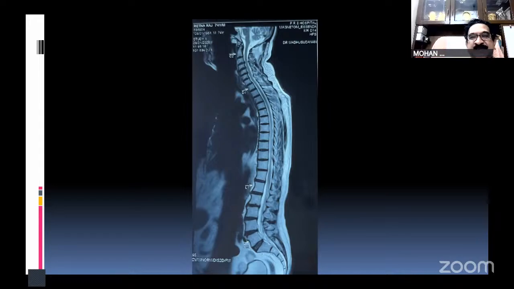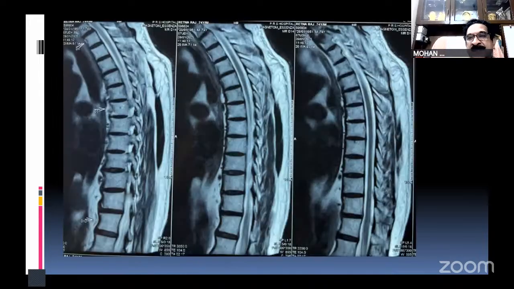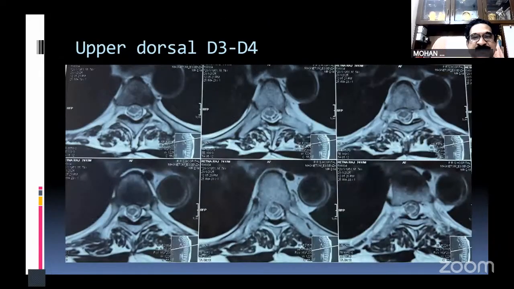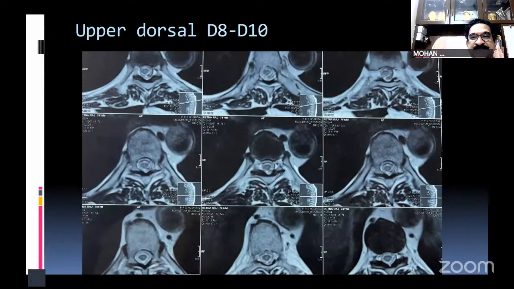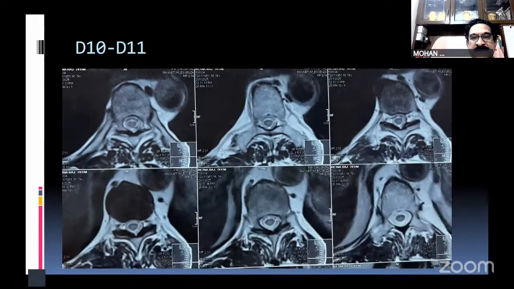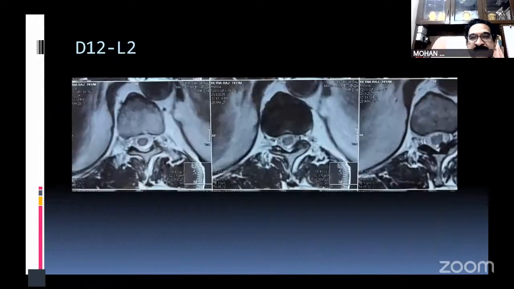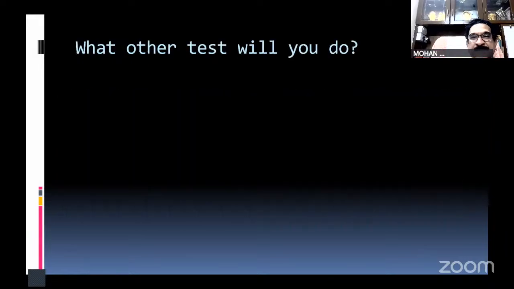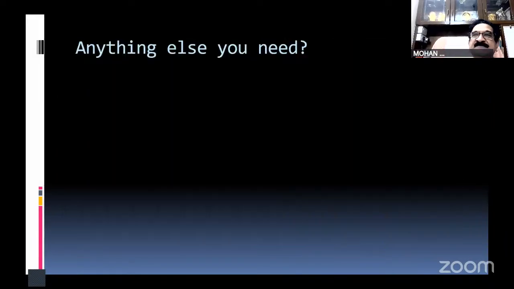So a lumbar spine MRI was done. And this is the dorsal spine, upper dorsal spine, T3, T4, T5 to D7. This is the conus region. Then the cauda equina. Other tests were done.